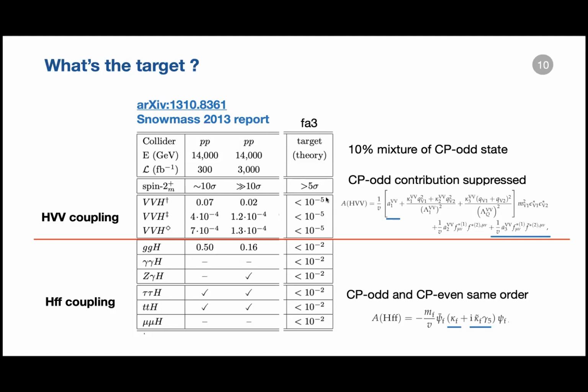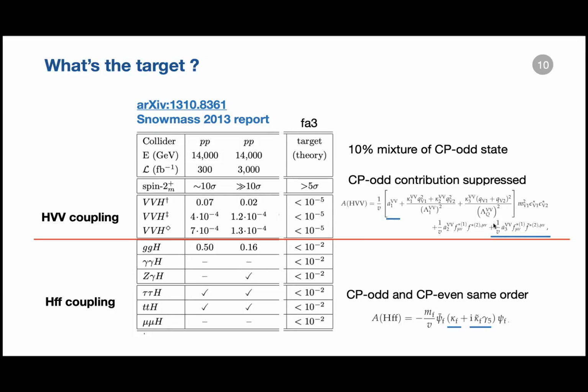This is because when you talk about Higgs VV couplings, the CP odd contribution is at higher order than the standard model. That means this cross-section is extremely small. So even if you have a 10% mixture, it contributes only 10 to the minus 5 of the cross-section.